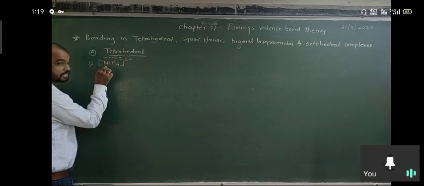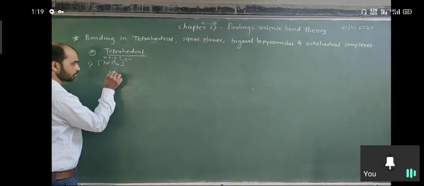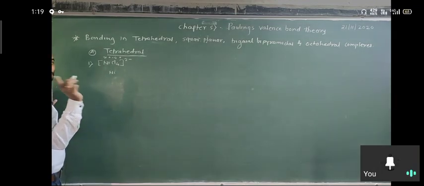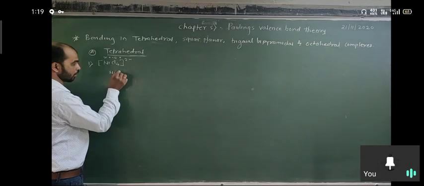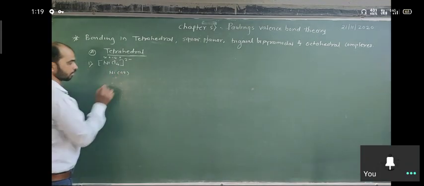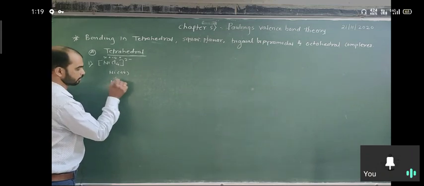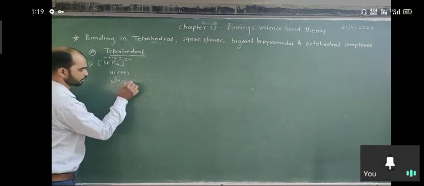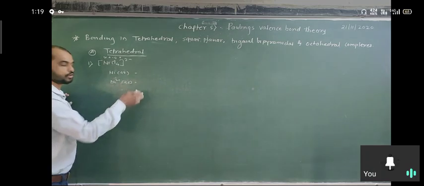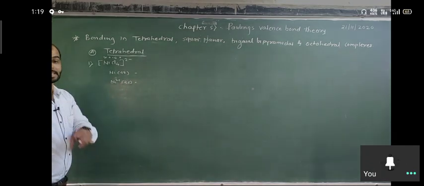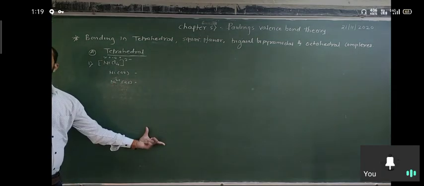So the oxidation state is +2. Nickel atomic number is 28, and when you write Ni 2 plus, 2 electrons are lost, so the electron count becomes 26. Write the electronic configuration of both. Then consider this for the further explanation.